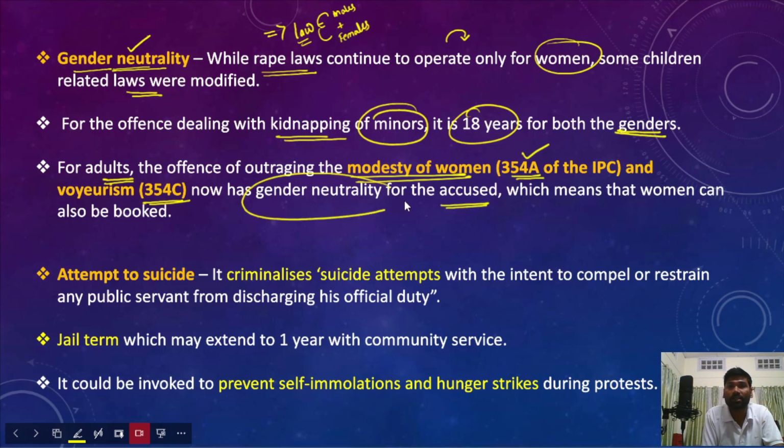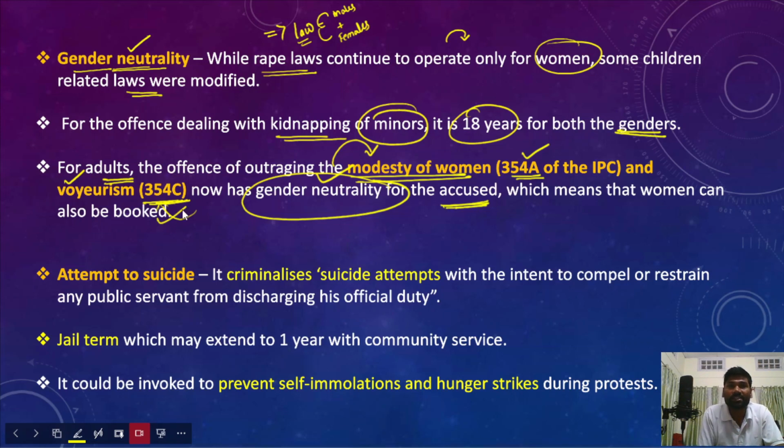So whoever commits these criminal offenses, such as outraging the modesty of a woman or committing voyeurism, can be booked. Voyeurism means getting sexual pleasure through watching some sexual activity. So women can also be booked.